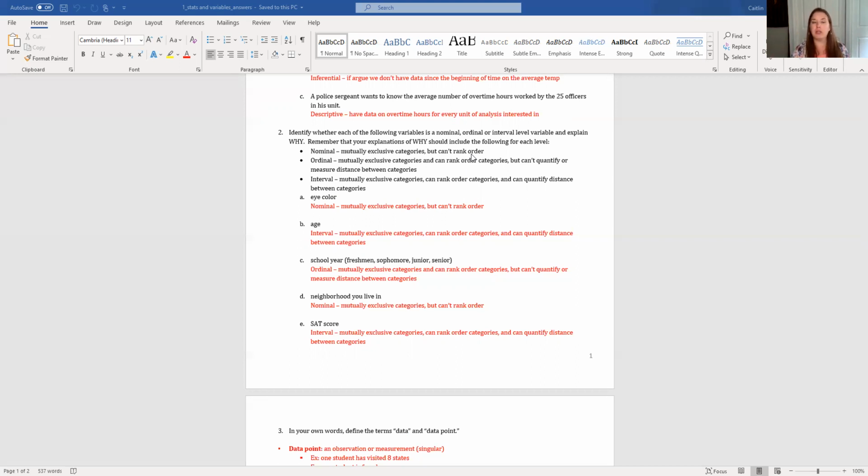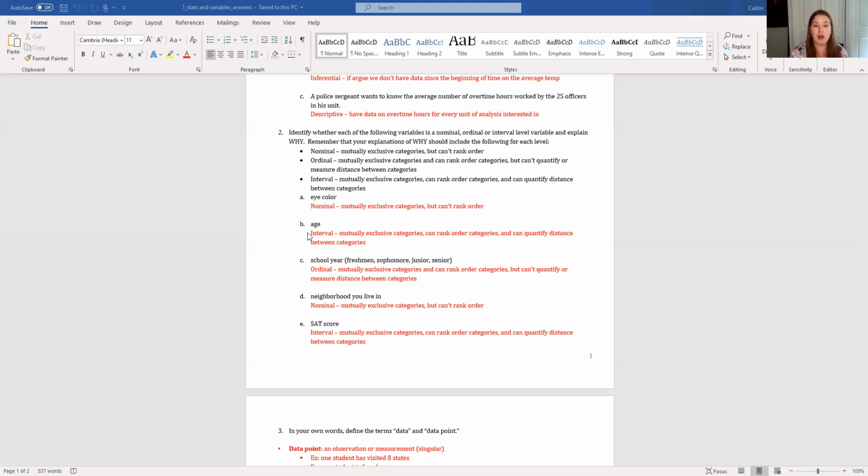If I gave one person a list of blue, green, brown, hazel, whatever, and somebody else that same list, would everybody list them in the same order? For eye color, we wouldn't, right? Anything that's a color, there's no logical rank order to them. If they can't be rank ordered, that means we know that it's nominal: mutually exclusive categories, but you can't rank order them.